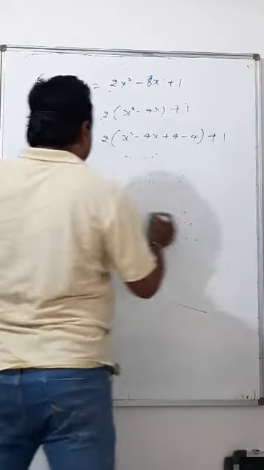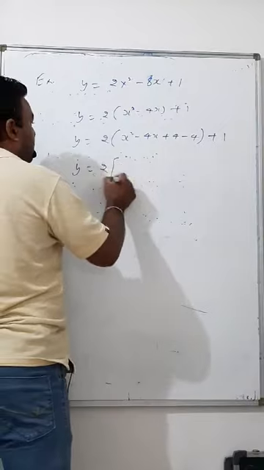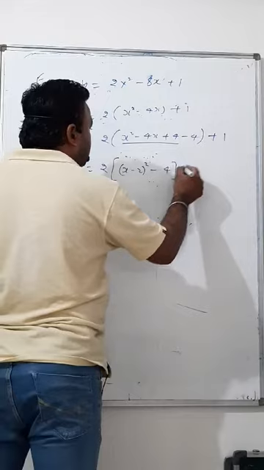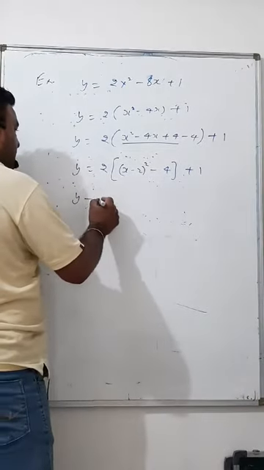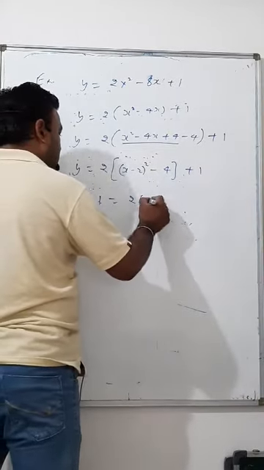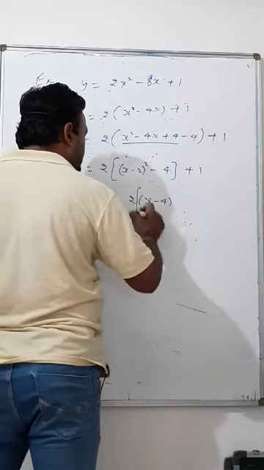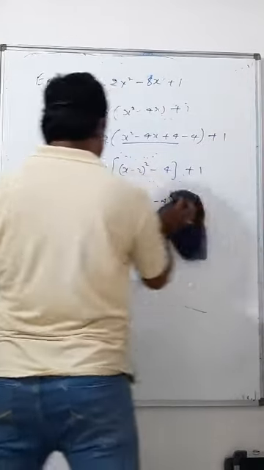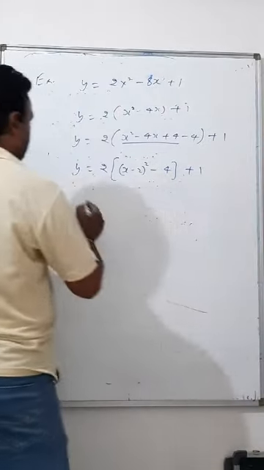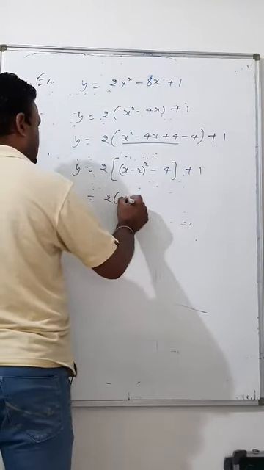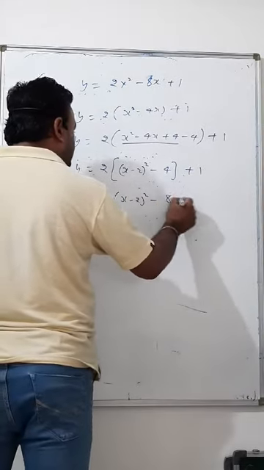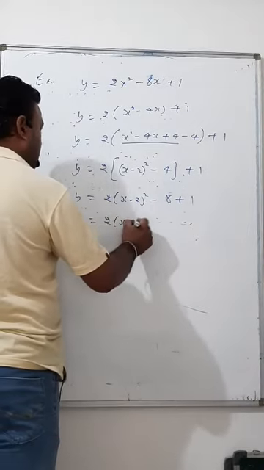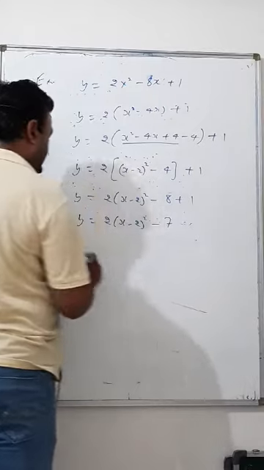It becomes perfect square, 2 times x minus 1 whole square, minus 2 plus 1. So y equals 2 times x minus 1 whole square minus 1.